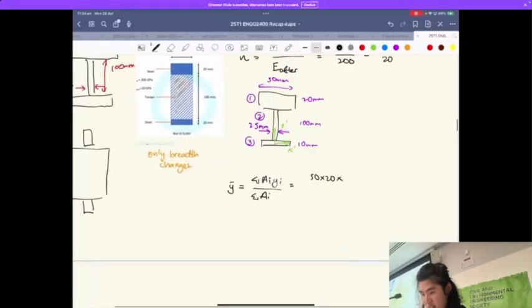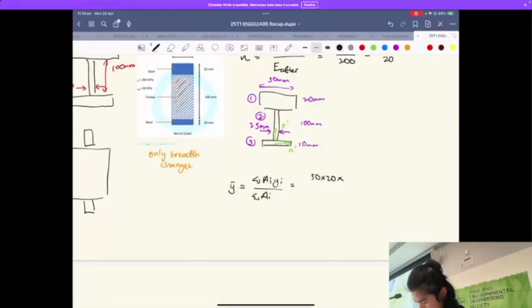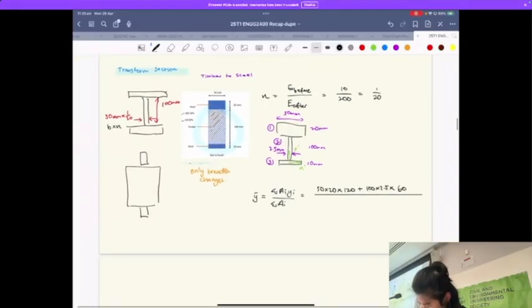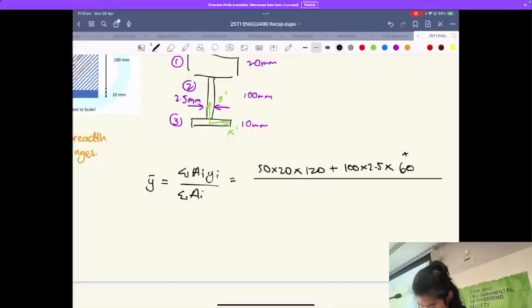So if you sum it up, this will be 50 times 20 times 110, plus 100 times 2.5 times 60, plus 10 times 50 times 5, all over 50 times 20 plus 100 times 2.5 plus 10 times 50.